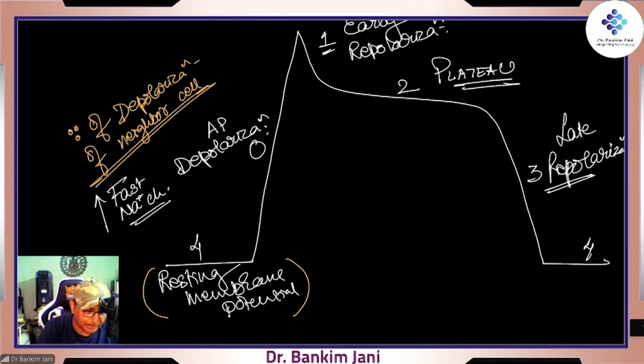Now this potassium going out is stopped, and a large amount of sodium is entering. So that's why this line will straight away go up. Who is responsible? Fast sodium channel, they are responsible.